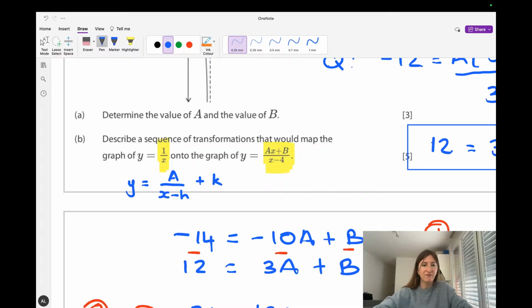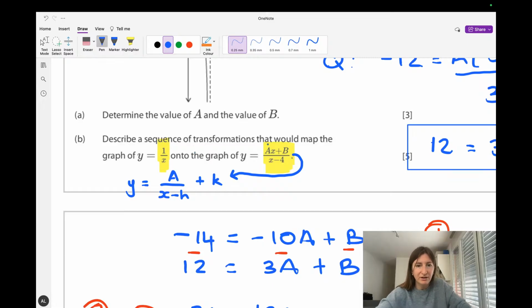So when it was in that form, we can see how it differs because you can see how much it's moved left or right, you can see the vertical stretch factor, and how much it's been shifted up or down. In this form, it's not as easy to see. So we have to take it from this form to be able to see the transformations.